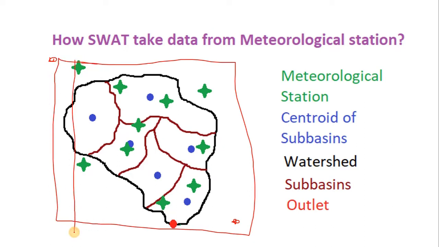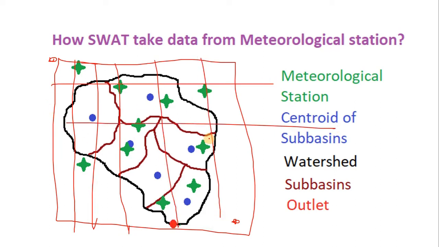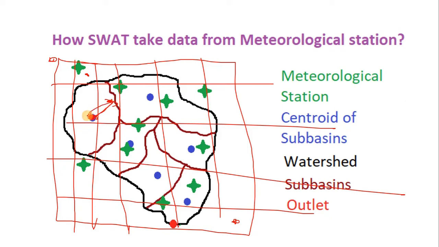Then TRMM will give data in grid format. And the centroid of the grid will consist of the data of the precipitation. Now to get the data of this station, it will interpolate the nearest station and give the data of this station. It will do this for all the stations of the subbasins.